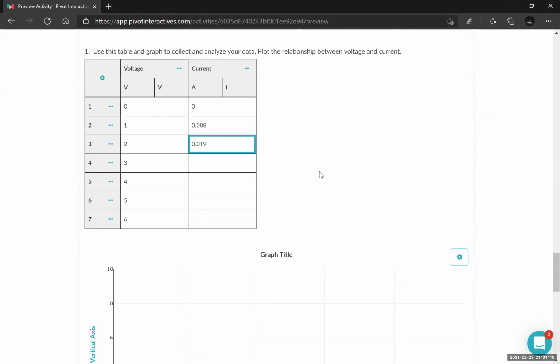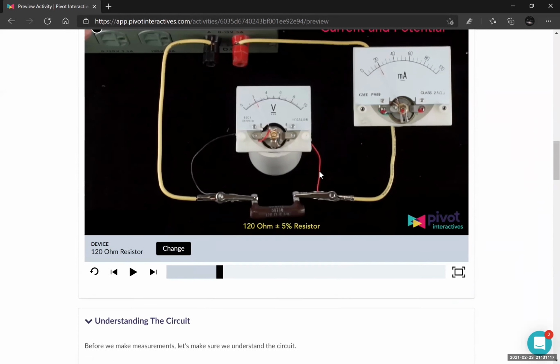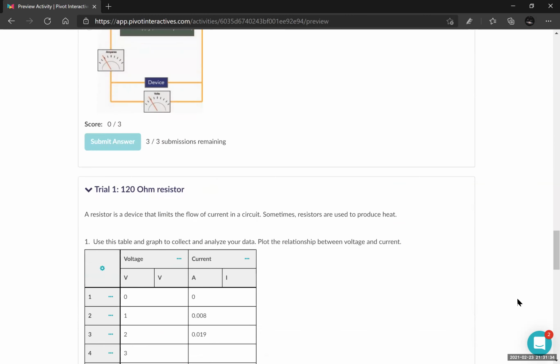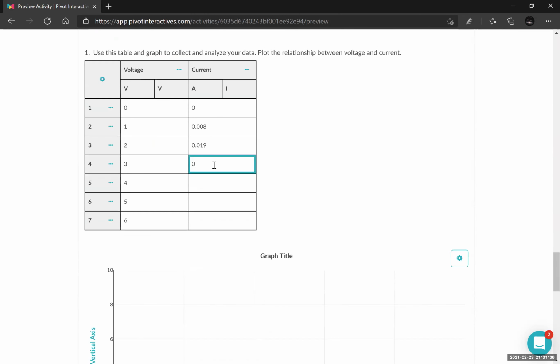That's 19 milliamps. And then one last measurement. Let's say when it's 3. Then I get roughly 30, no, this is 27. Probably about 27 or 28 milliamps. So 0.028.